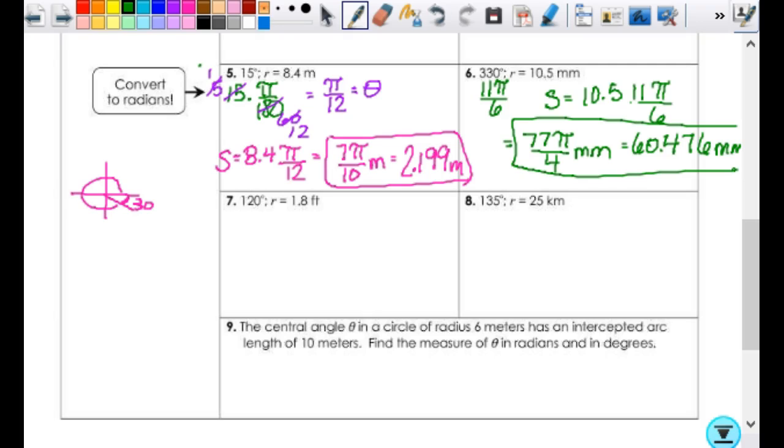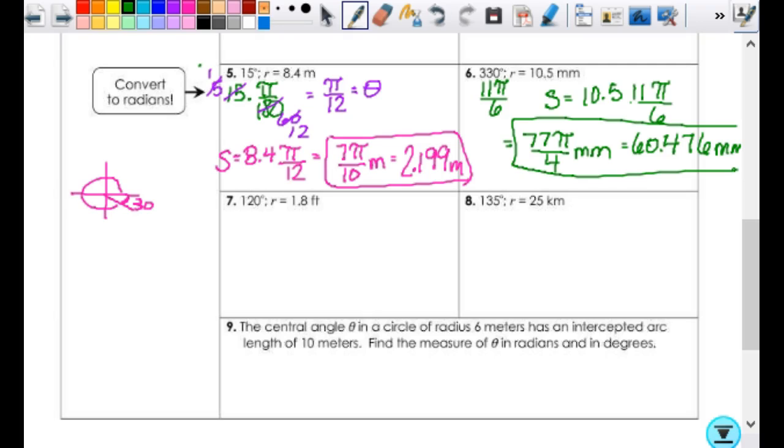Just like if we were using the 83s and we typed it in like that and we did math enter, which we all love, it is not going to give me that fraction back because it doesn't leave pi like that. So the workaround for that is, you know, it's supposed to have a pi in it, right? Even now, I don't have to type the pi in. If you just type in 10.5 times 11 sixths, then it's going to give me 77 over 4. And I just know that the pi goes in there. Does that make sense? And then that way, if you have a calculator where it's not going to leave the pi like that, it'll take care of it for you.